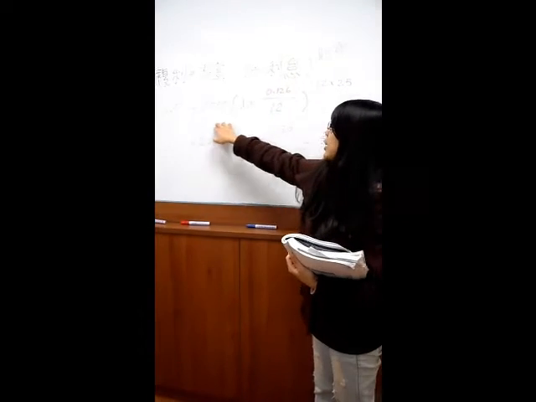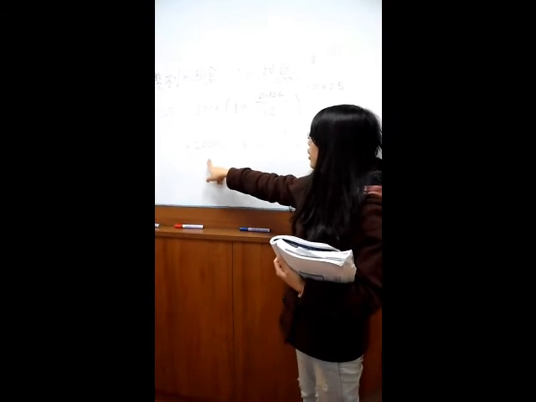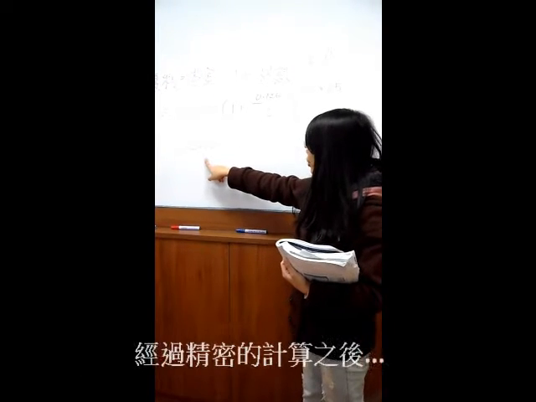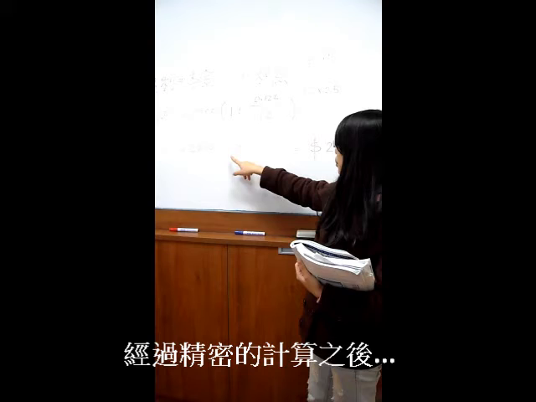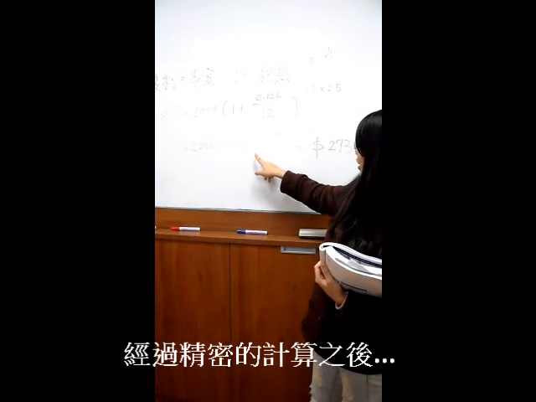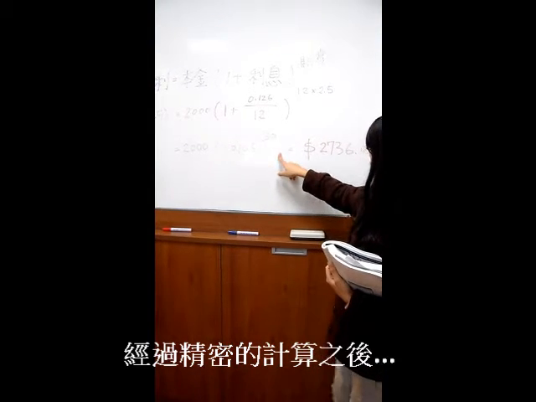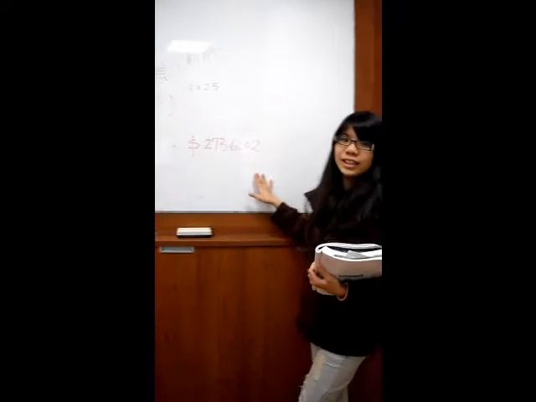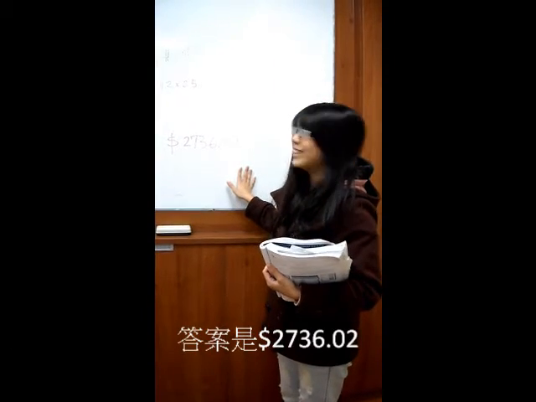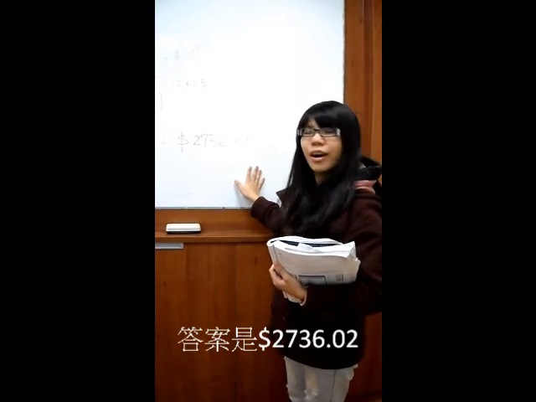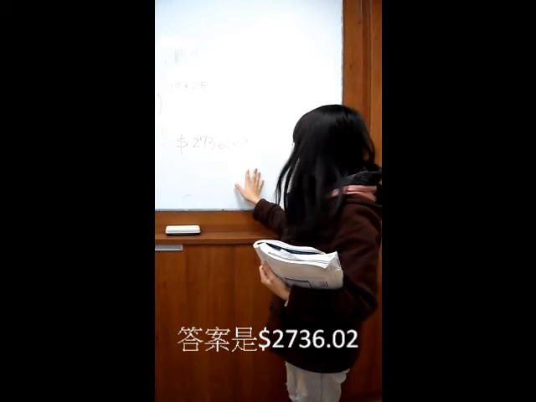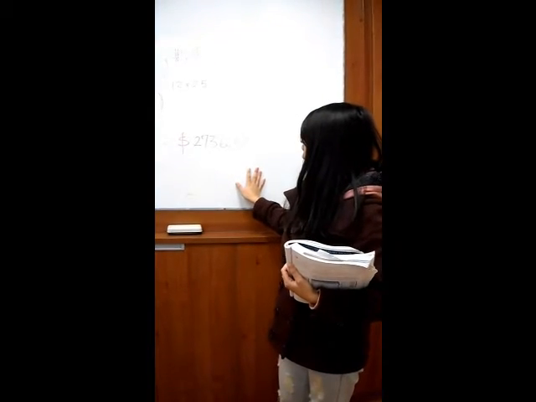We calculate with this formula: 2,000 times 1.0105 to the power of 30, and we get this. This is the compound interest you need to owe the bank.